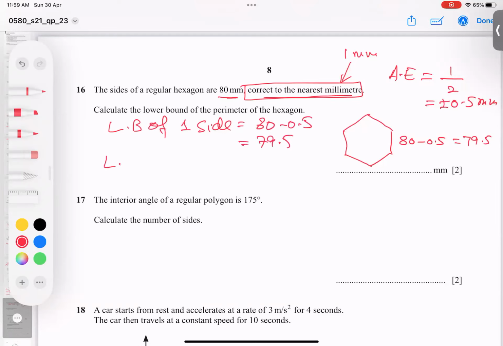Then what is the lower bound of the perimeter of the whole shape? Times 6. So 79.5 times 6, and let me check. The answer is 477. And make sure sometimes units change, so you have to be careful.